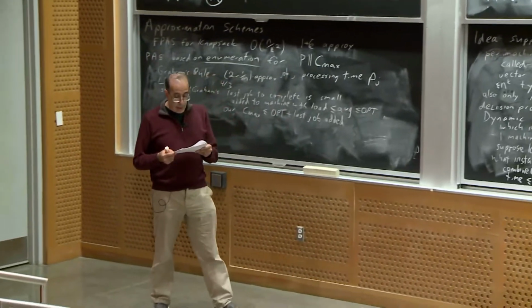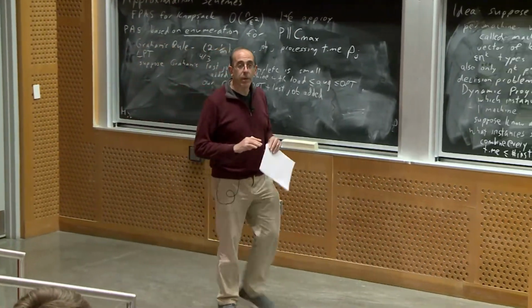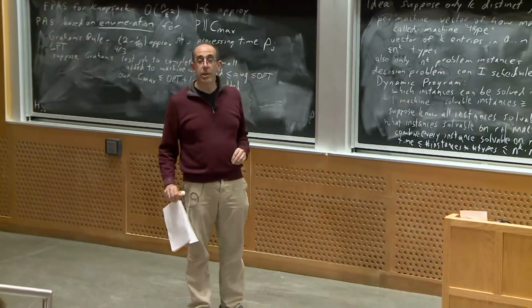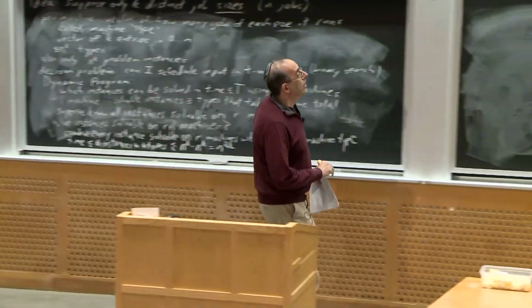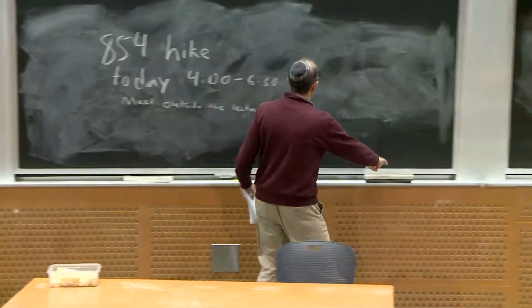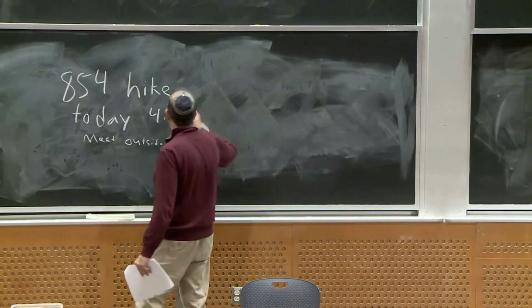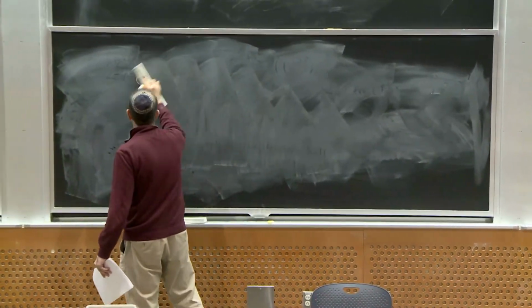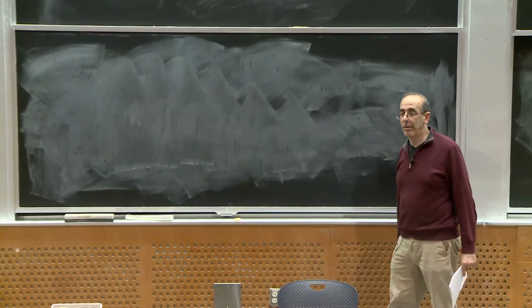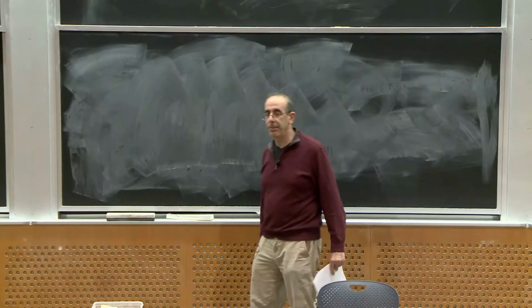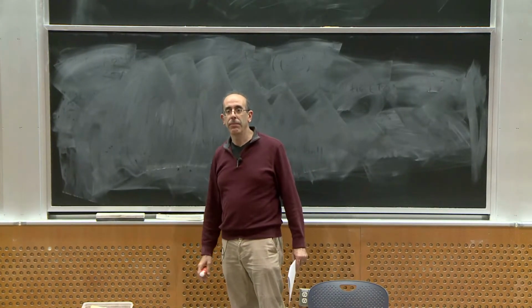So, as long as we have k distinct job sizes, and it doesn't matter what they are, we can get an exact solution by this simple brute force enumeration of all solvable instances, plus binary search. Okay?